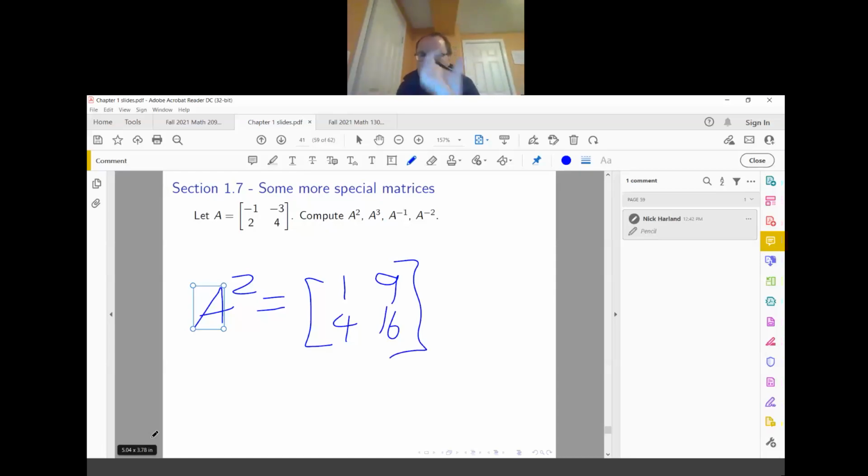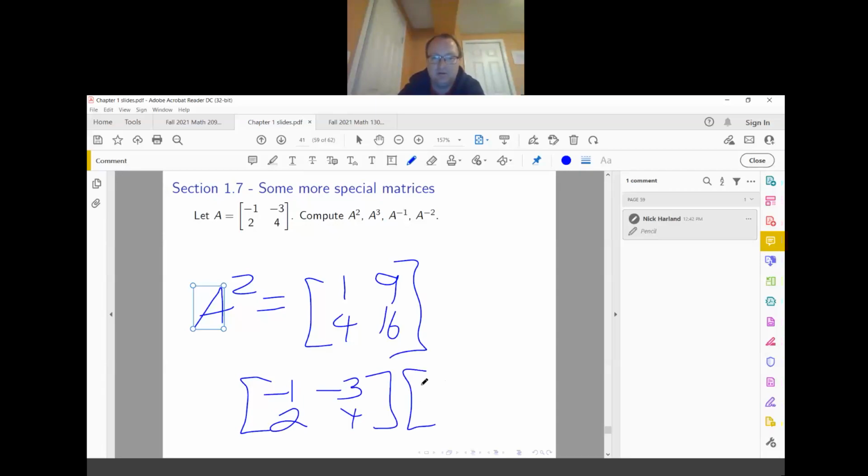A squared is A with A next to it. And you actually have to multiply them out. All right, A cubed. What about A cubed? How can we find that? A times A times A. So whatever answer you get from A squared, multiply them together with another A, and away you go.